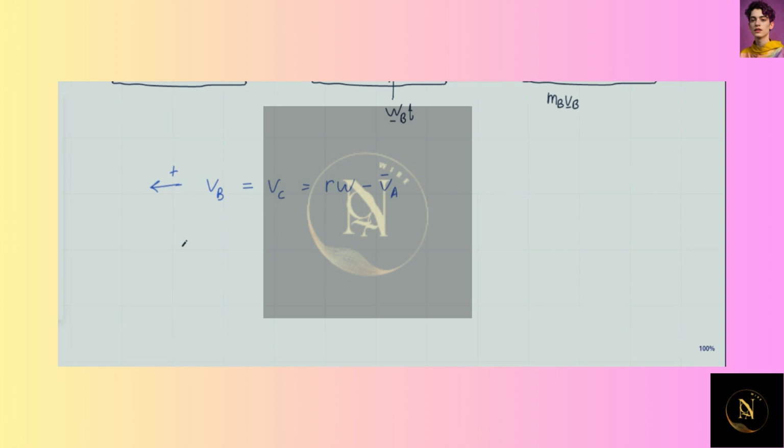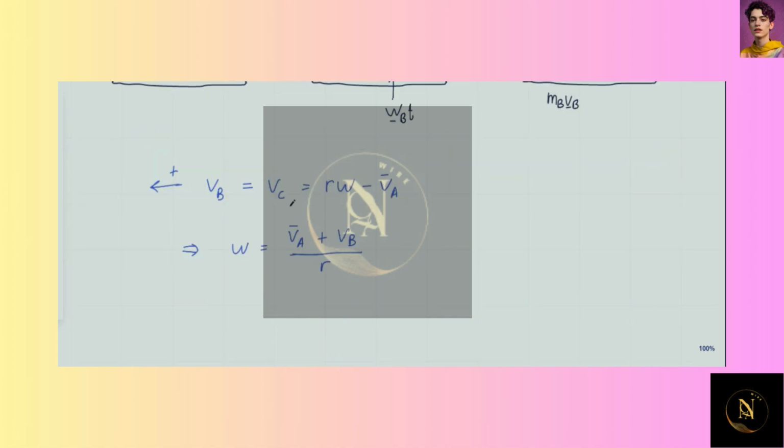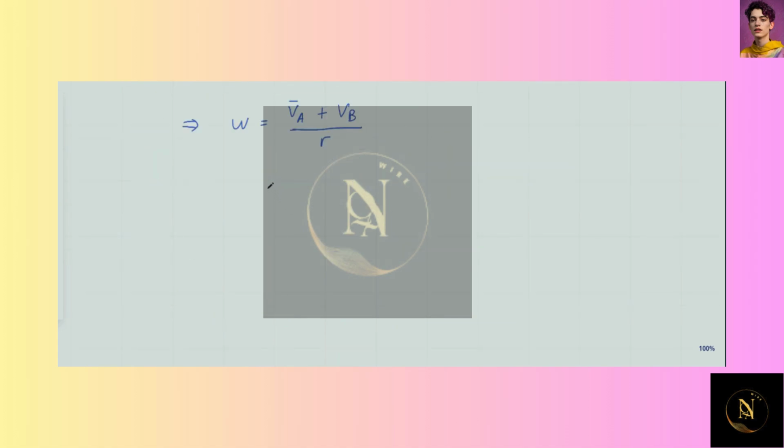And so from here we can see that the angular speed at which the cylinder is rotating, omega, is equal to the linear velocity of its center, V bar A, plus Vb, the velocity of the wooden cart, over R, where R is the radius of the cylinder. So the round cylinder has radius R.